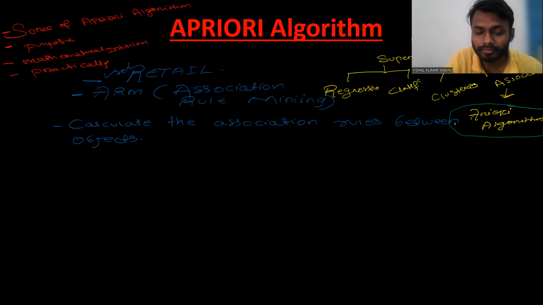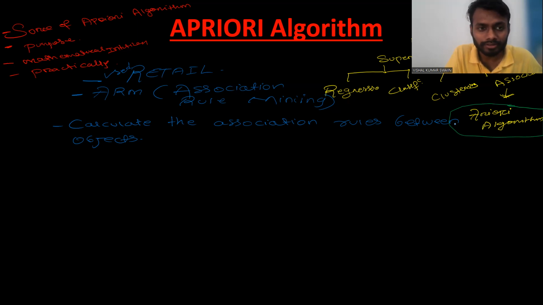So if one person is going to buy chips, it may be possible that he or she can buy chocolate. So if we create a combo product and fix one price, maybe chances are that the combo offer can be sold.